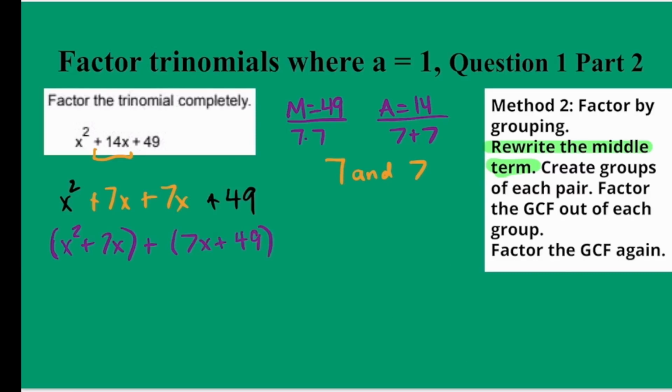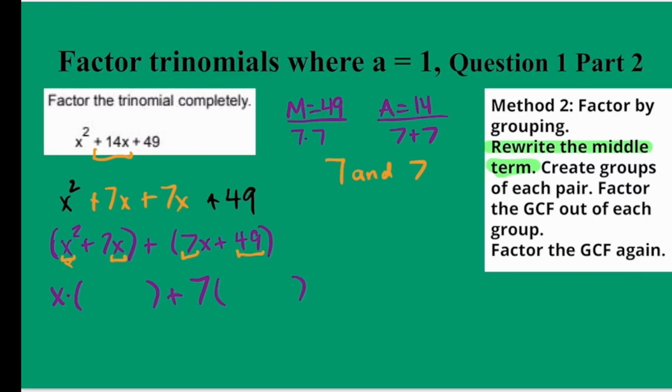And then we're going to take out common factors. So I can take an x out of those first two pieces. There's an x that's common. In the second set of parentheses, I can take out a 7. I can divide 7 out of 7, and I can divide 7 out of 49.